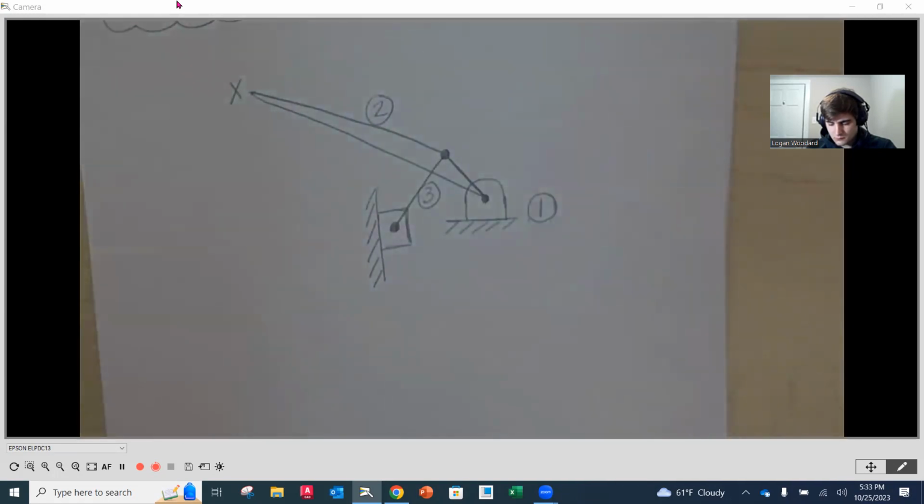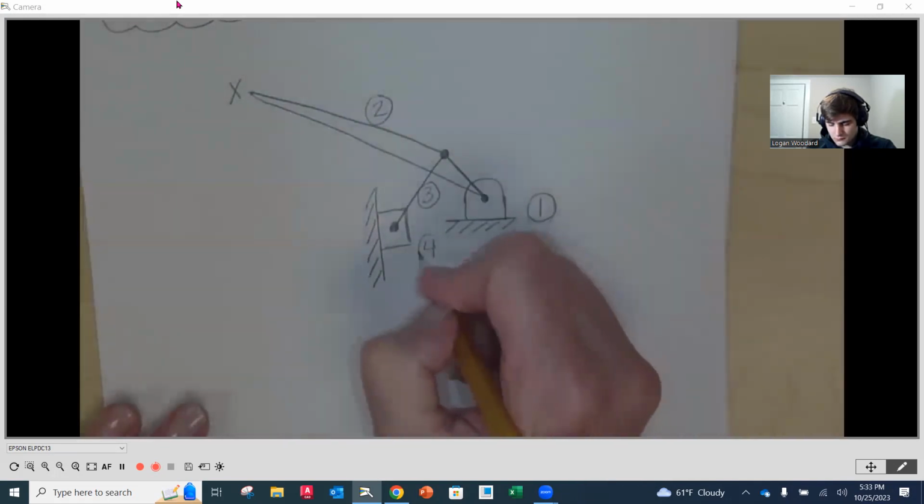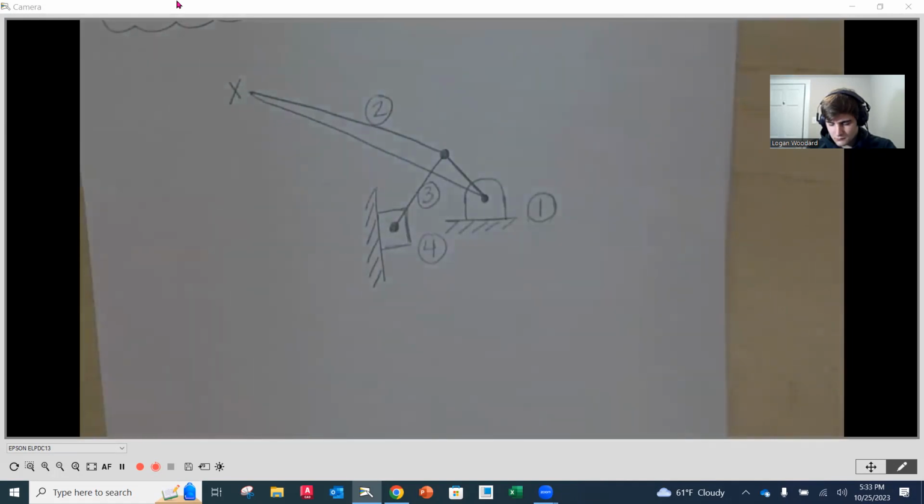And then link number 4 is going to be our output, which is going to be that slider going up and down. So we have a 4-bar mechanism, this is called. Specifically, it's called a crank slider mechanism because the input is the crank and the output is going to be a slider, in this case, going up and down. We'll see other classifications of 4-bar mechanisms a little bit later.